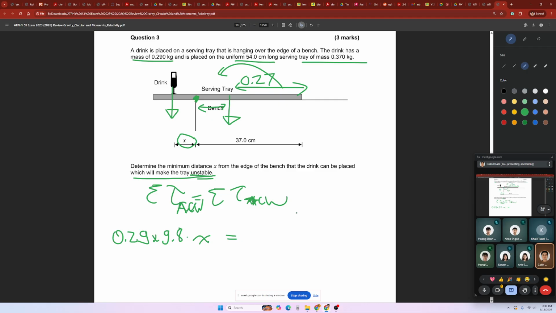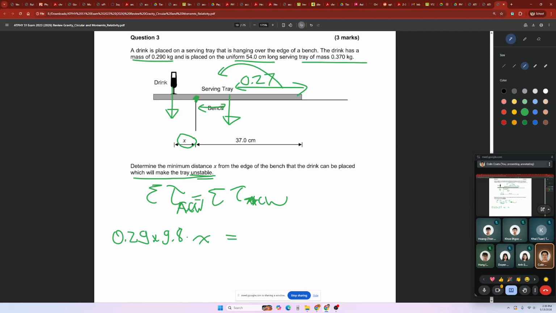And then, what do we have? We have our drink. Now, we don't know this distance yet. All we know is the total distance to where the center of mass for the tray is, and supposedly where this is right now. So yeah, we can work that out.